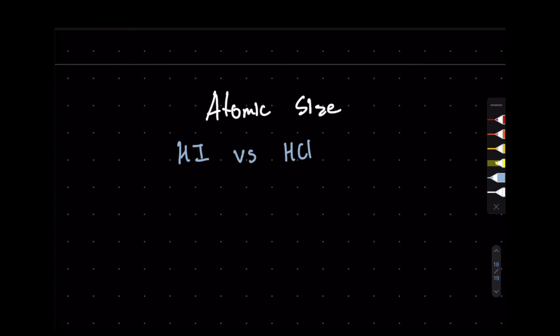Electronegativity between these two acids is about the same because they are in the same group of halogens, but there's a size difference where iodine is bigger than chlorine. Now, why is that important?